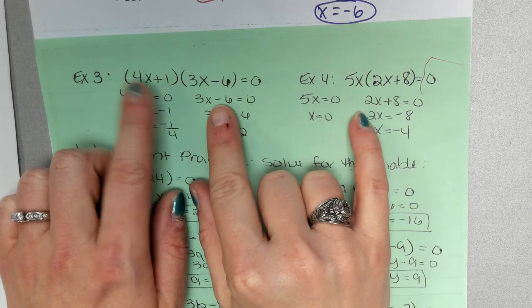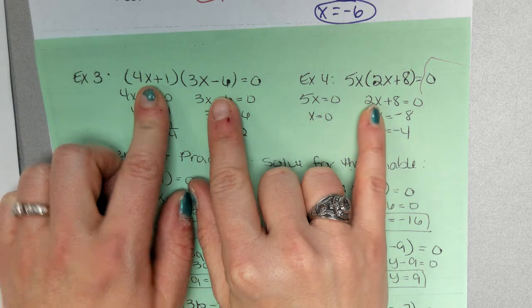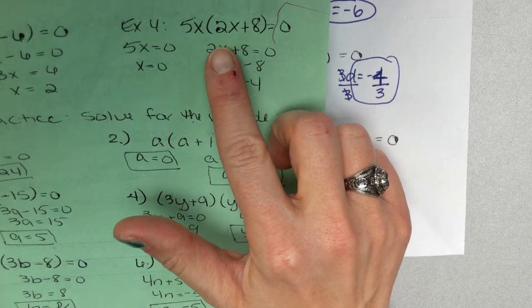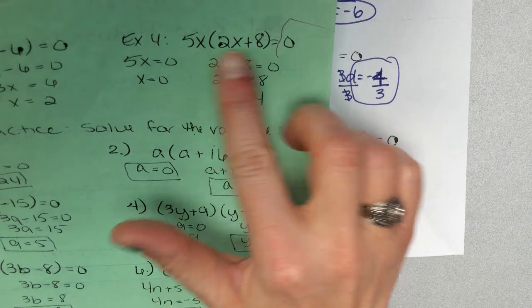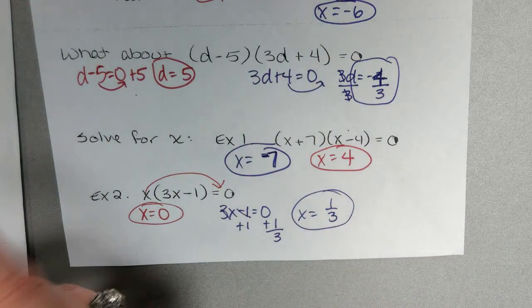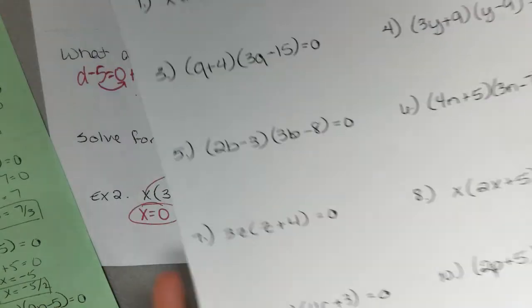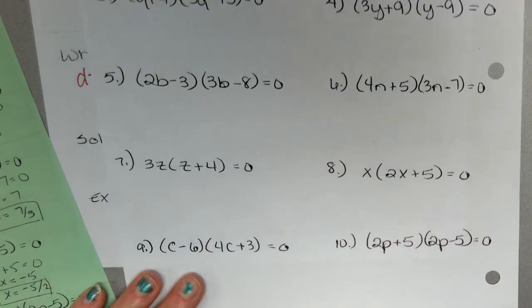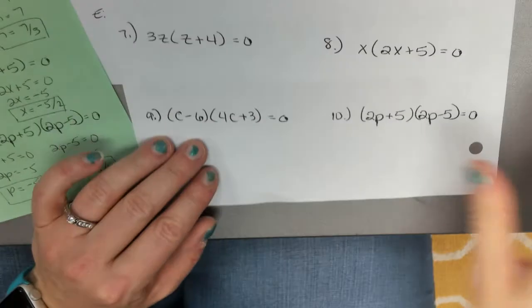Okay, so 4x plus 1 and 3x minus 6, set those equal to 0. And then also example 4, which you set 5x equal to 0, and then 2x plus 8 equal to 0. And then you're going to do the rest of these problems. And so you're going to get two answers for each one. And that's all you're doing today.